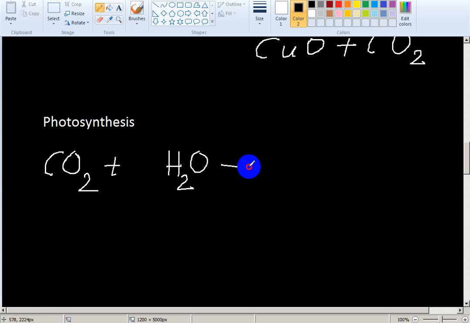In the presence of light, from sunlight, glucose and oxygen are formed.